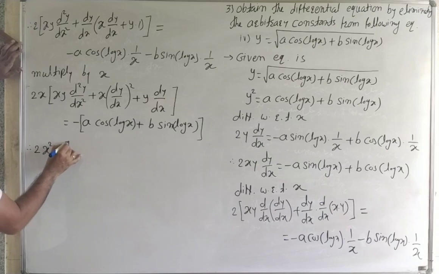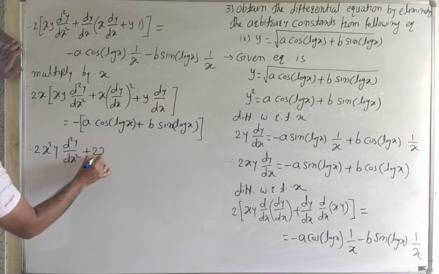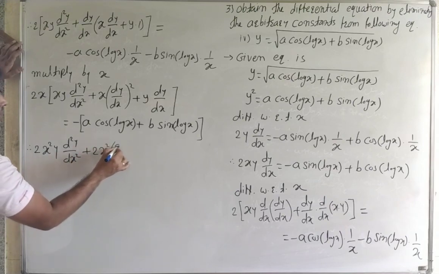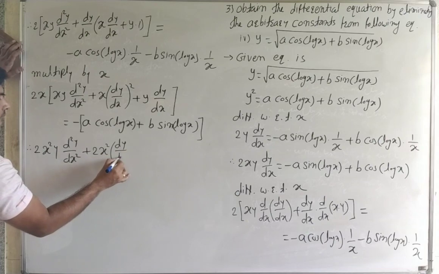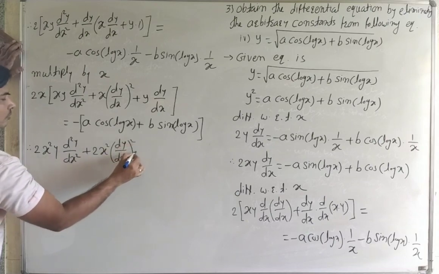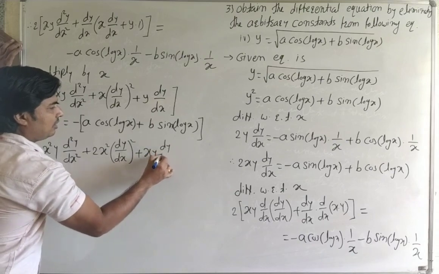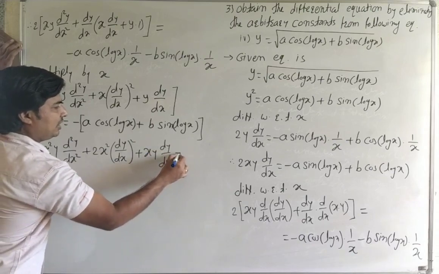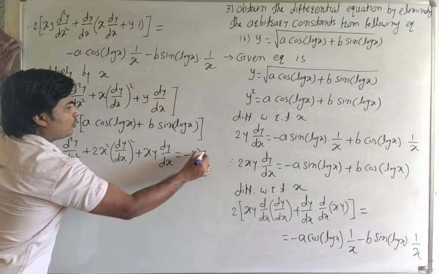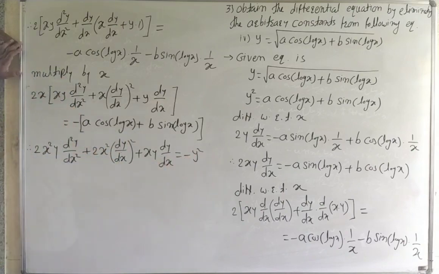And therefore we multiply this 2x square y d2y by dx2 plus 2x square dy by dx whole square plus xy dy by dx is equal to minus y square. It is a minus y square. Okay.